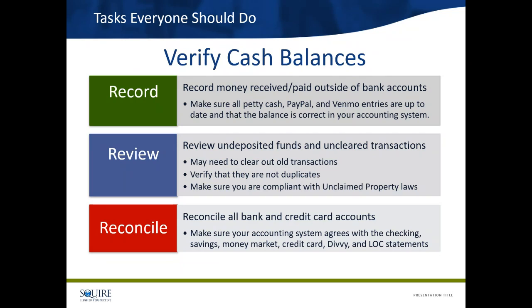We have PayPal accounts, we have Venmo, and then sometimes you have a petty cash account that you use, and so you want to make sure that the amount that you have on your balance sheet matches what you actually do have in your petty cash drawer. And so for your Venmo, you can get your activity and get that entered and make sure that any expenses or income that you have on there is reflected in your accounting system.